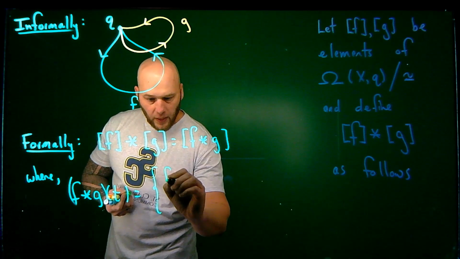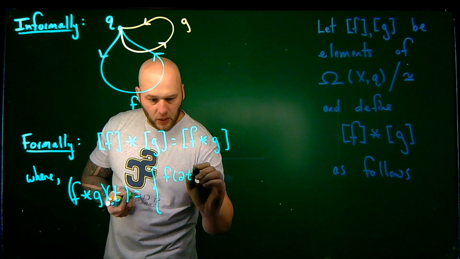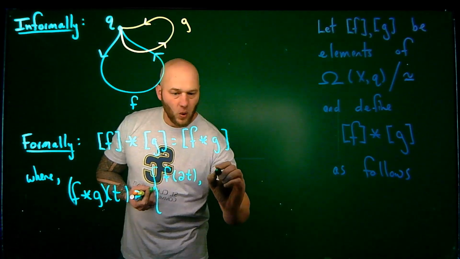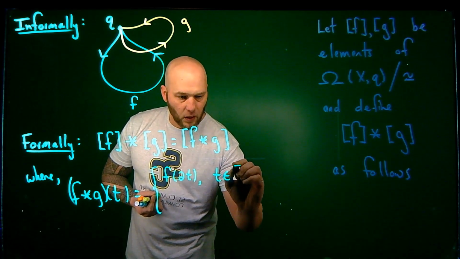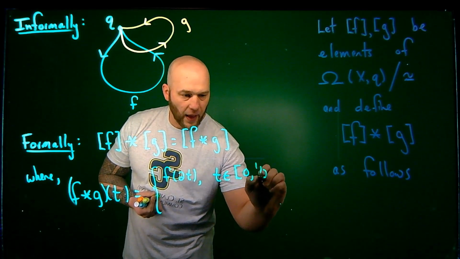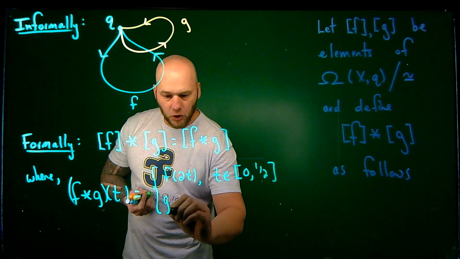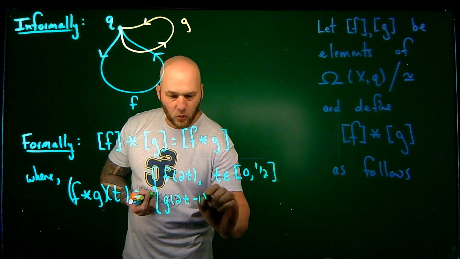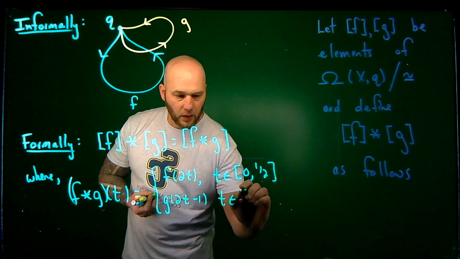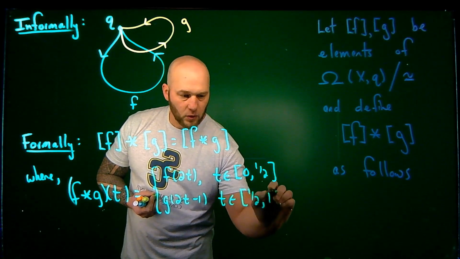It's going to be f of 2t when t is an element of 0 to a half, and it's going to be g of 2t minus 1 when t is an element of a half to 1.